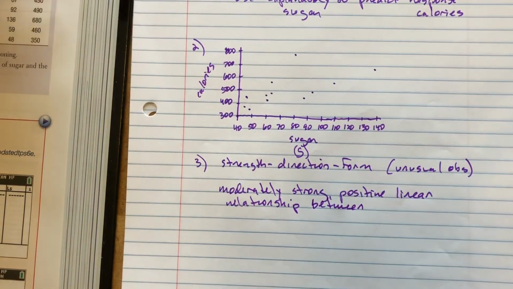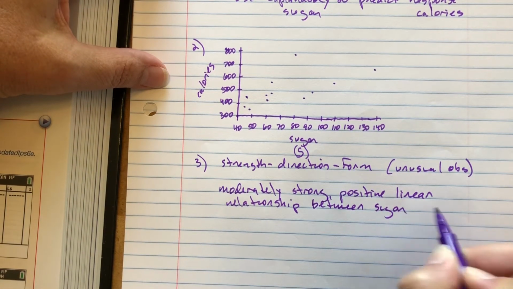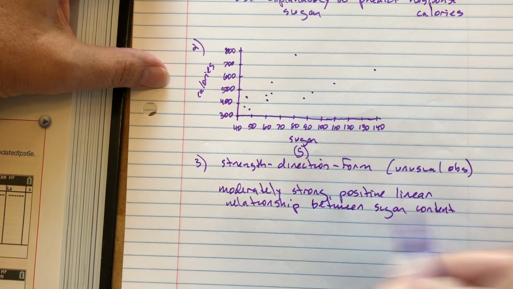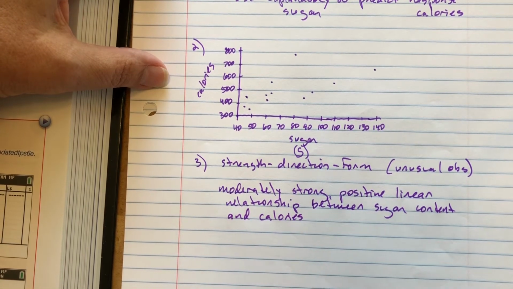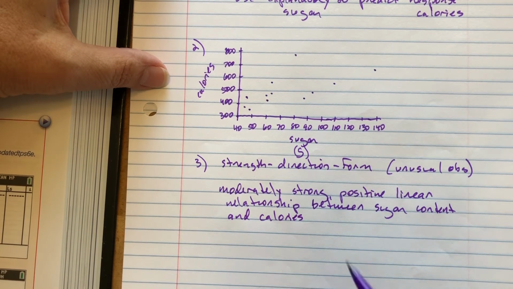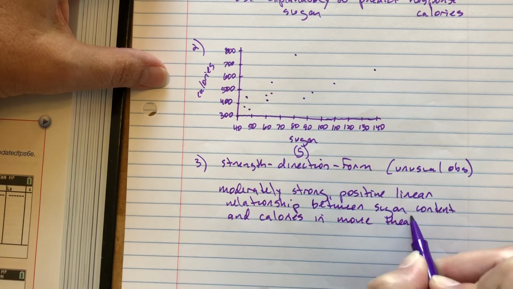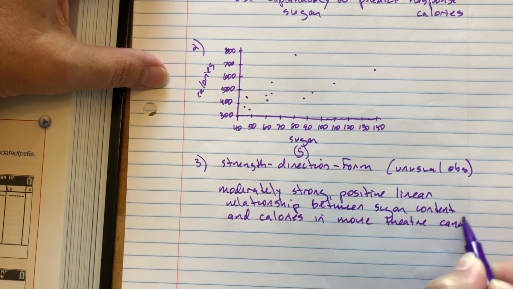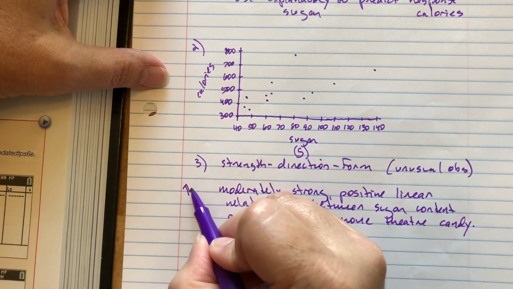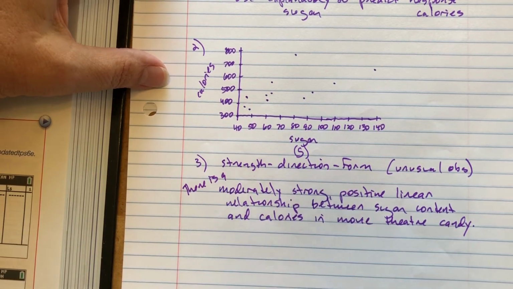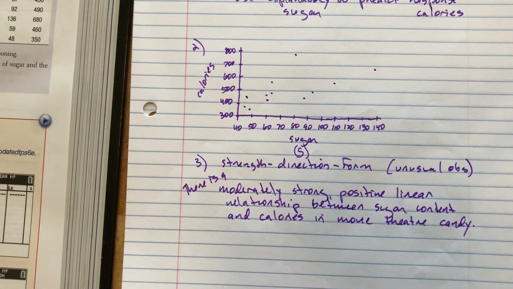So there is a moderately strong positive linear relationship between sugar content and calories in movie theater candy.